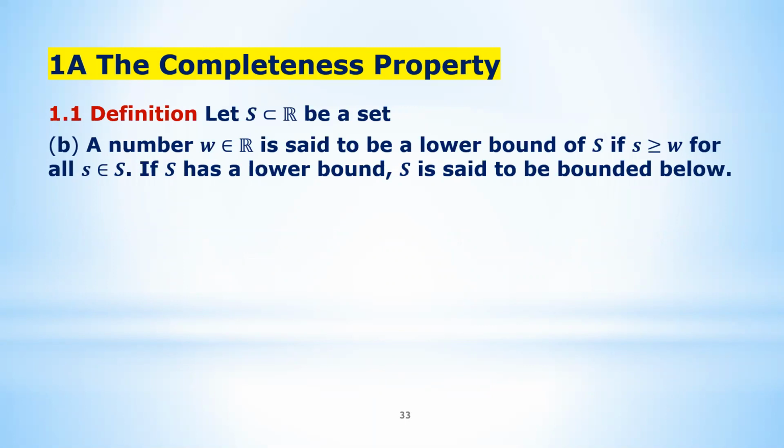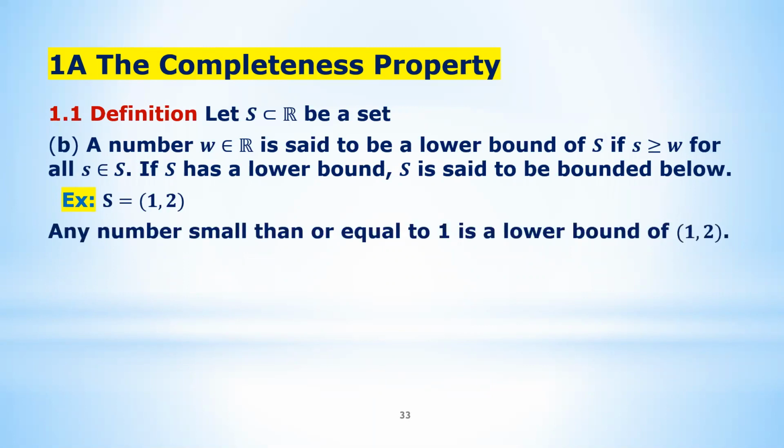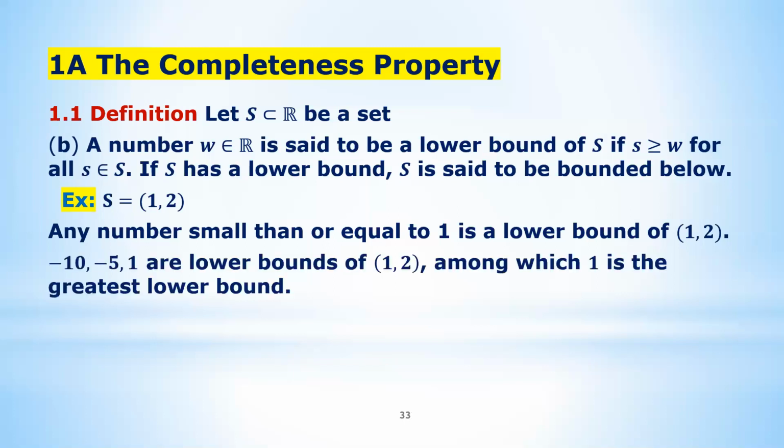So this is a very parallel, similar concept. You can see for the same example, S equals (1, 2), any number smaller than or equal to 1 is a lower bound of this interval. -10, -5, and 1 are all lower bounds. And among all these lower bounds, there's a greatest one, so 1 turns out to be the greatest lower bound.